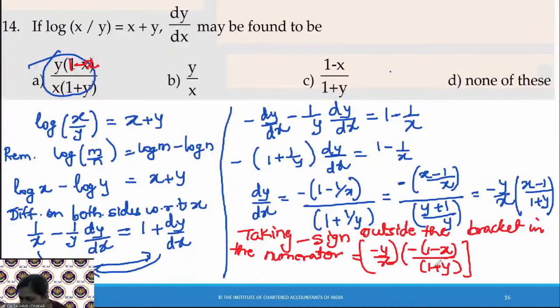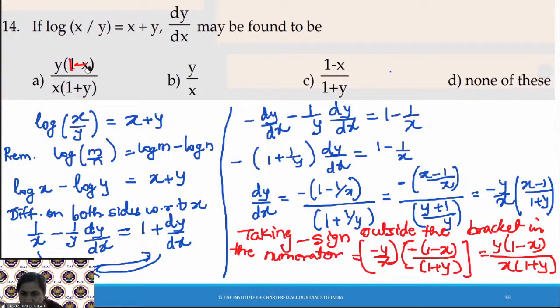Now this minus into this minus will become plus. So what will I have? It is y into 1 minus x upon x into 1 plus y, which is same as option A. So I have this as the correct option.